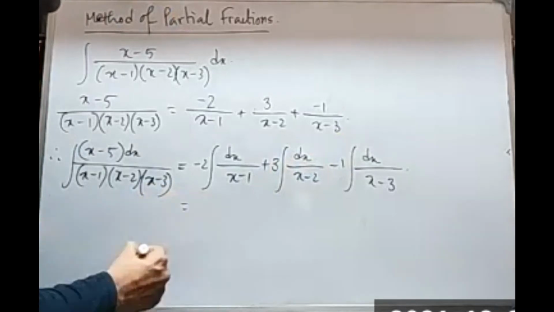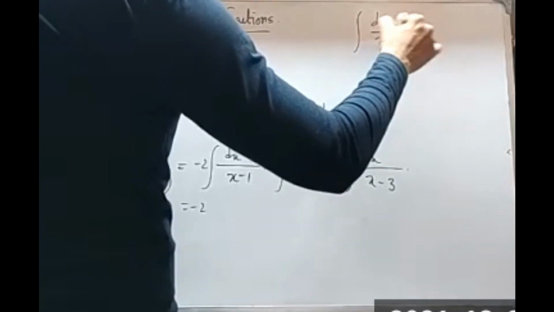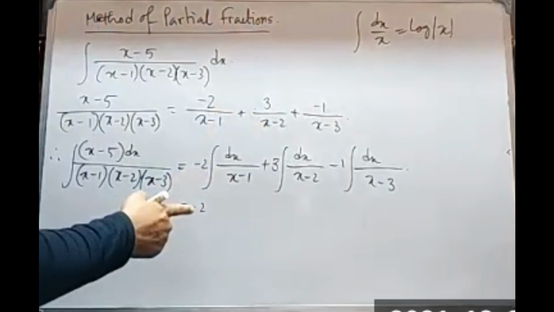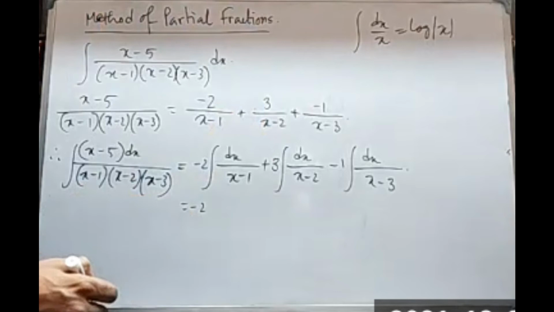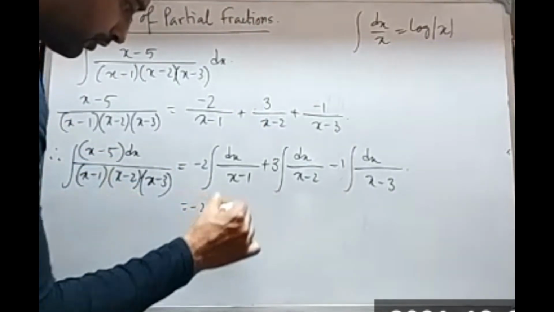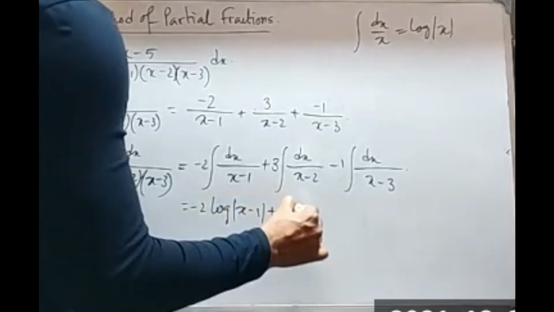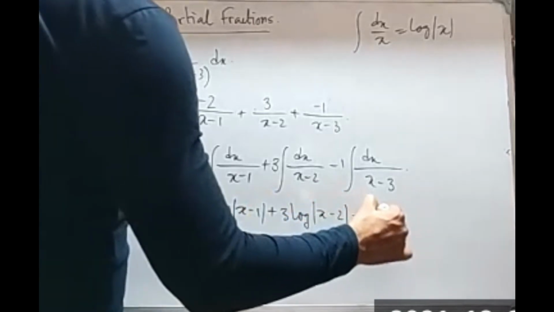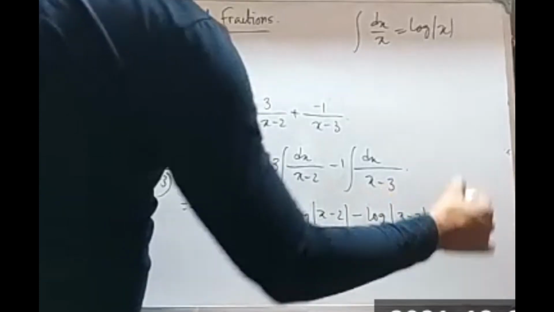So we can just put the formula. As we know, the integral of dx by x is log mod x. So clearly here, for x minus 1, there will be no change. No substitutions are required. So we can directly say it is log mod of x minus 1 plus 3 log mod x minus 2 minus log mod x minus 3 plus c.